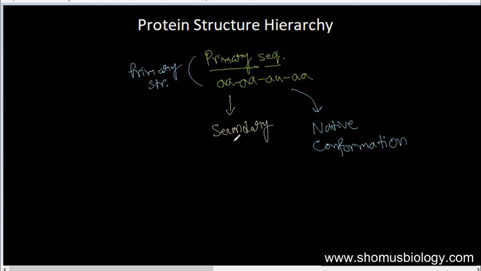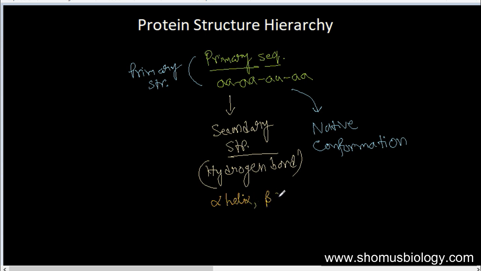Secondary structure is where these amino acids are arranging themselves and their side chains are present, and also the carbonyl group CO and NH start to form hydrogen bonds, and these hydrogen bonds help in forming the secondary structure of protein, which is normally two different types, alpha helix and beta sheet.